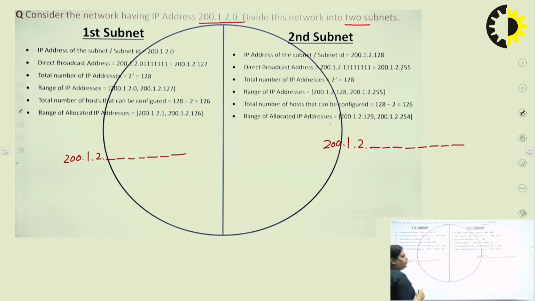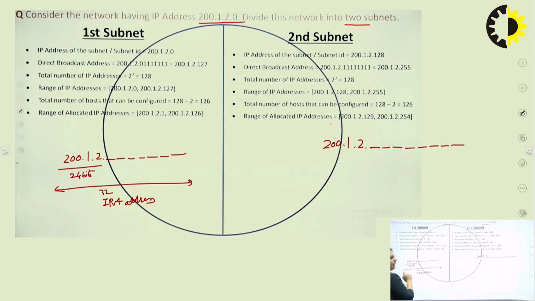Now what do we have to do? In the network ID, the first 3 octets make 24 bits, because the total is 32 bits of the IPv4 address. So out of 32 bits, 24 bits are here, and the left 8 bits we have expanded.